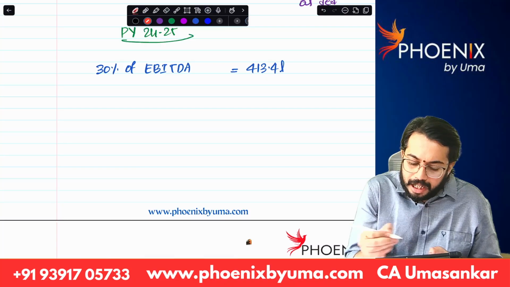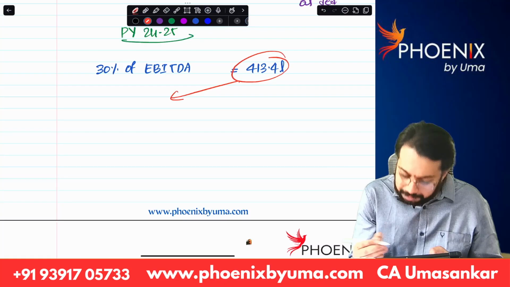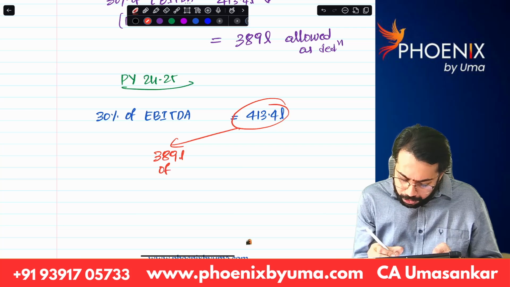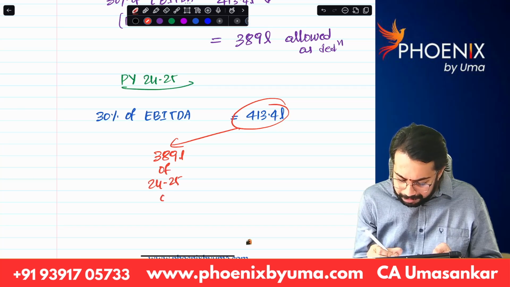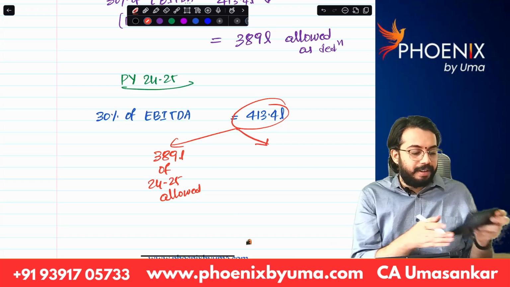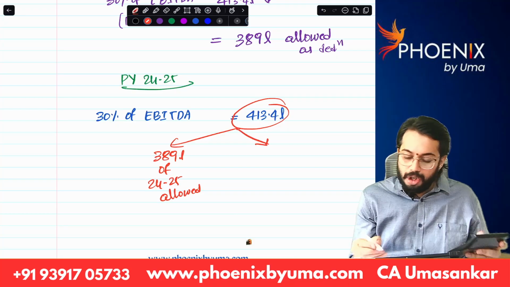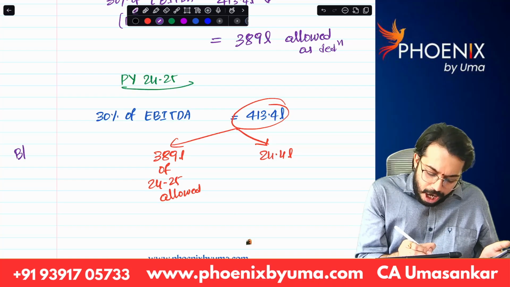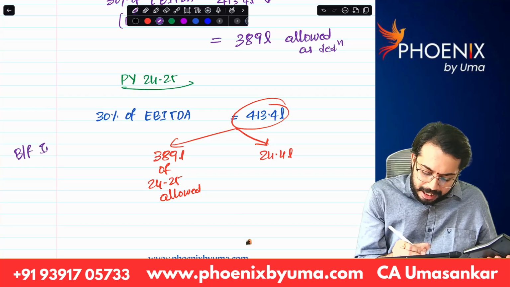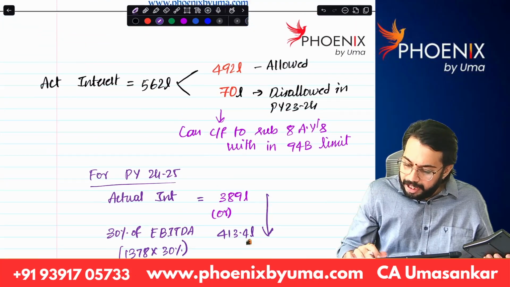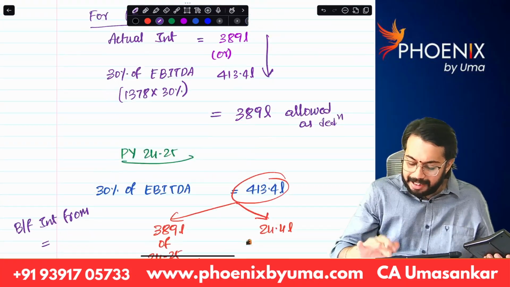Out of 413.4 lakhs, 389 lakhs of 24-25 is allowed. Balance is there, na? How much balance is left? 24.4 lakhs. From 23-24, how much is brought forward interest? Brought forward interest from 23-24 is 70 lakhs, correct?